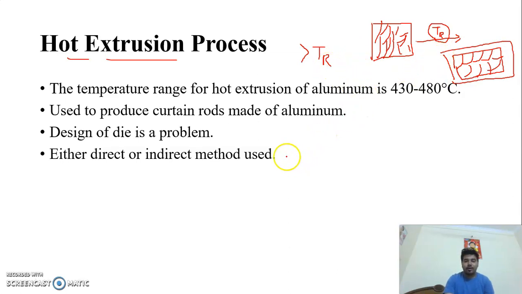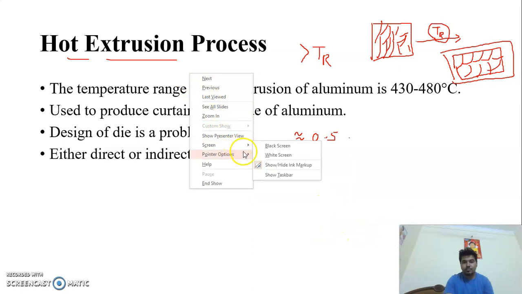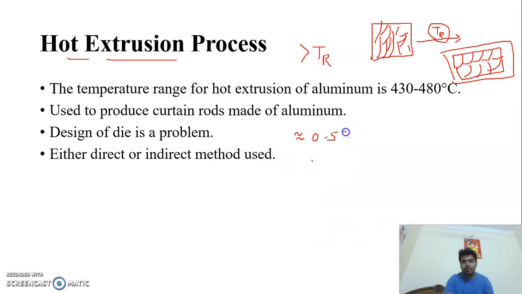So for practical purposes, we can say for many metals, the recrystallization temperature is about 50% of the melting point of the metal.